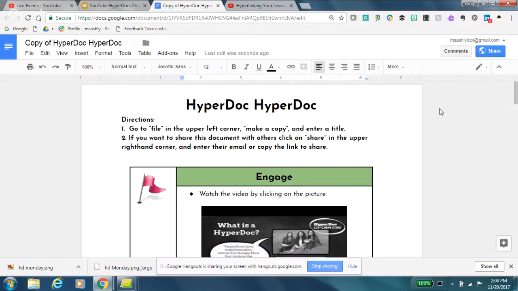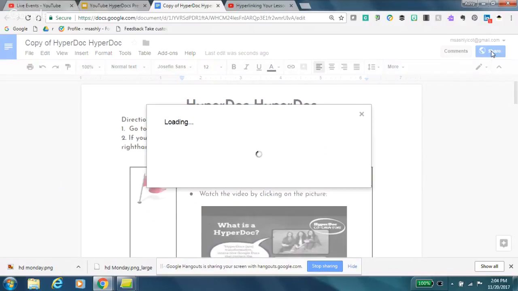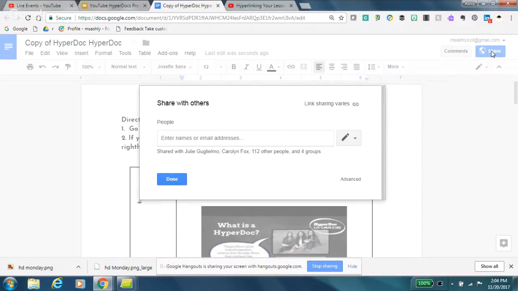There are a number of things you can do. You can share, the student can share. I used to have my students just type in my email, they'd share it to me that way. That way I can go through and make comments and see what they're doing as they're doing it. So it provides that formative assessment as they're doing their work. But what I do now is I use Google Classroom.